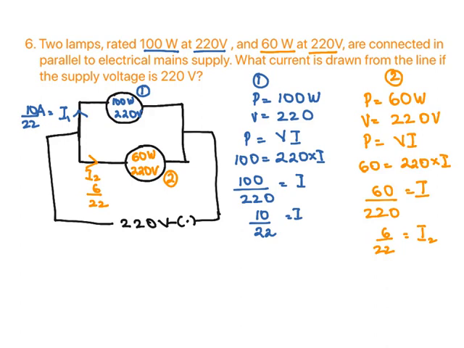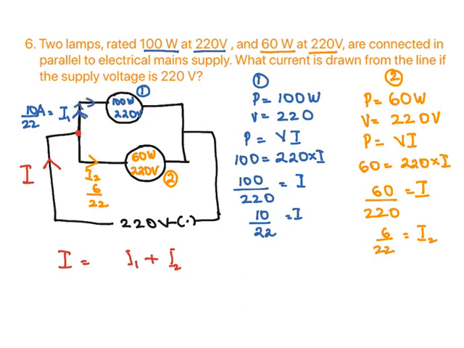Now this main current I flowing to the circuit will definitely be I1 plus I2, because at this point the I will split into two.